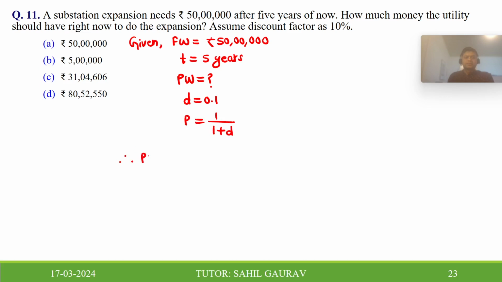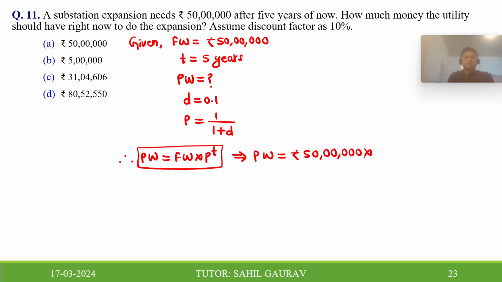Therefore, we can write the expression: present worth is equal to future worth into the present worth factor to the power T. The future worth is rupees 50 lakh into 1 upon 1.1 to the power 5, so it is rupees 50 lakh into 0.621.